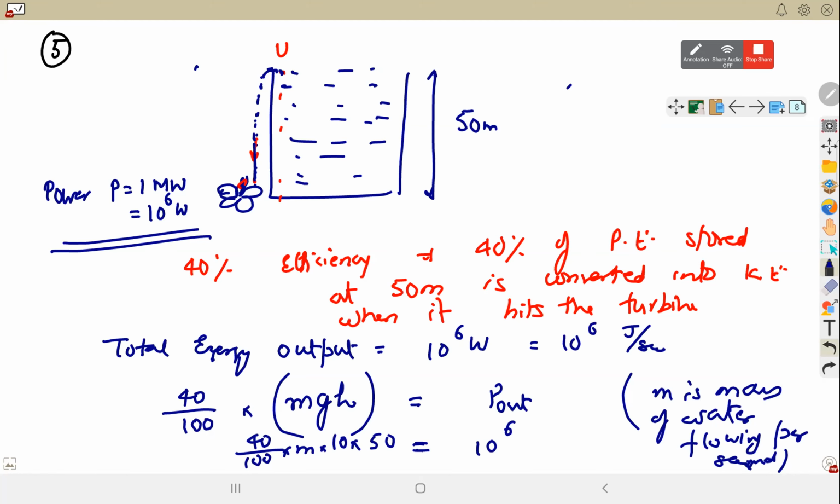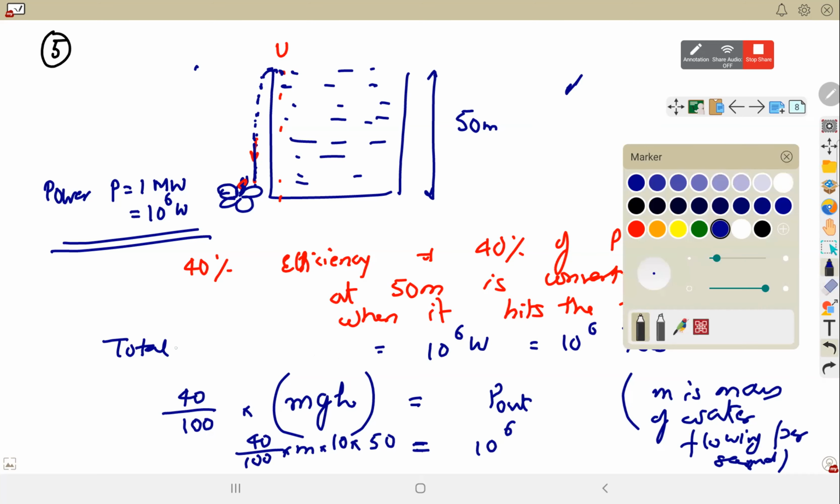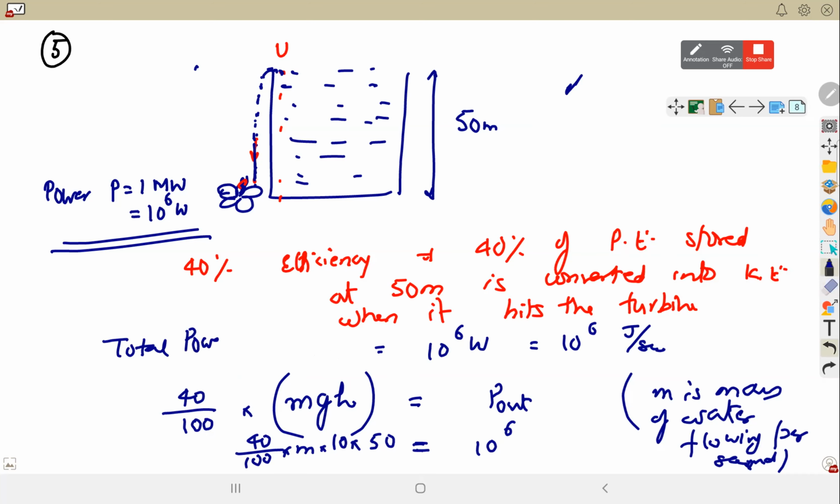Method clear? Kabir? Sir, what you wrote, 40/100 into mgh equals what, is that power? Output power. The energy output written above, that is P out. How much output power are we getting from the turbine? Total power output. I wrote it in short form.